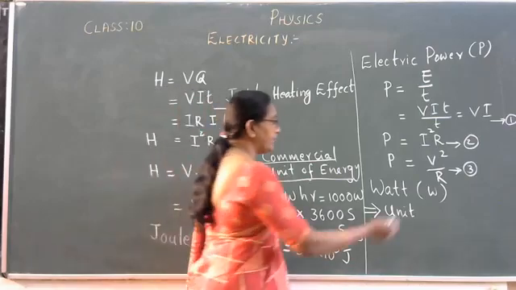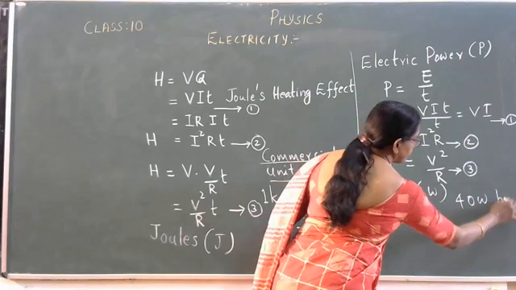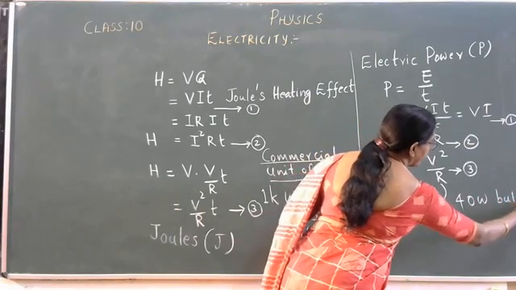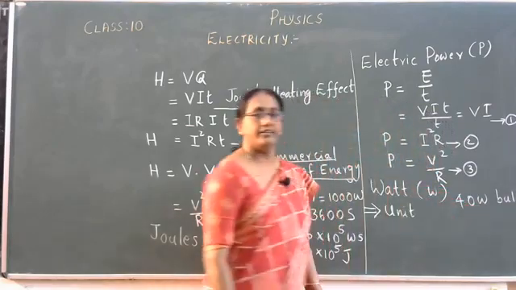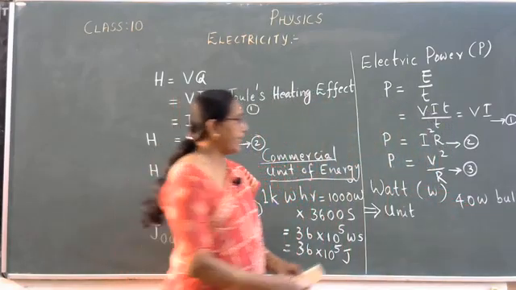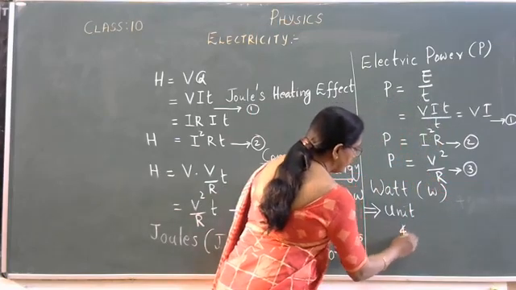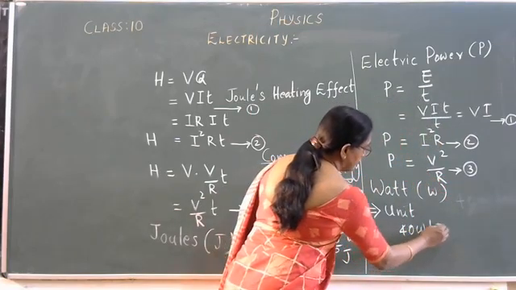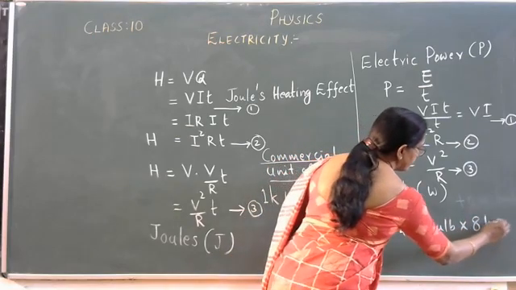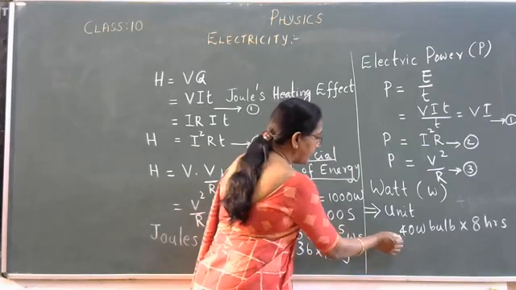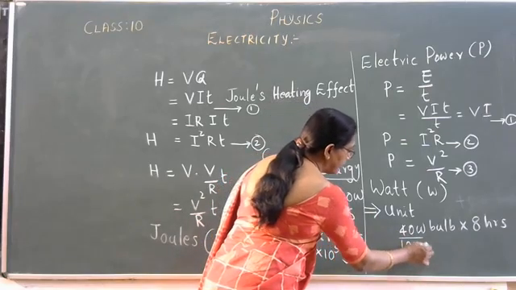For example, in your home, if you have a 40 watt bulb and you are lighting it for 8 hours, you have to convert the watt into kilowatt by dividing it by 1000.